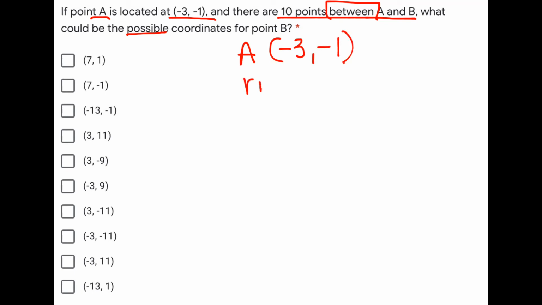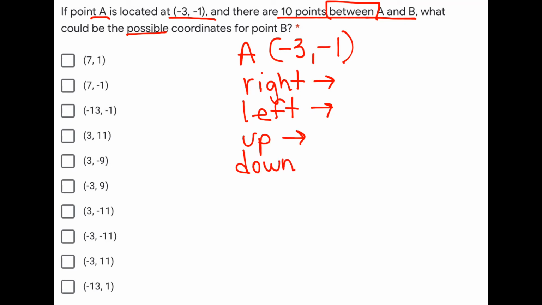We know we can go to the right, we can go to the left, we could go up, and we could go down. So if we are moving to the right, we know that our x is going to change and our -1 will stay the same.